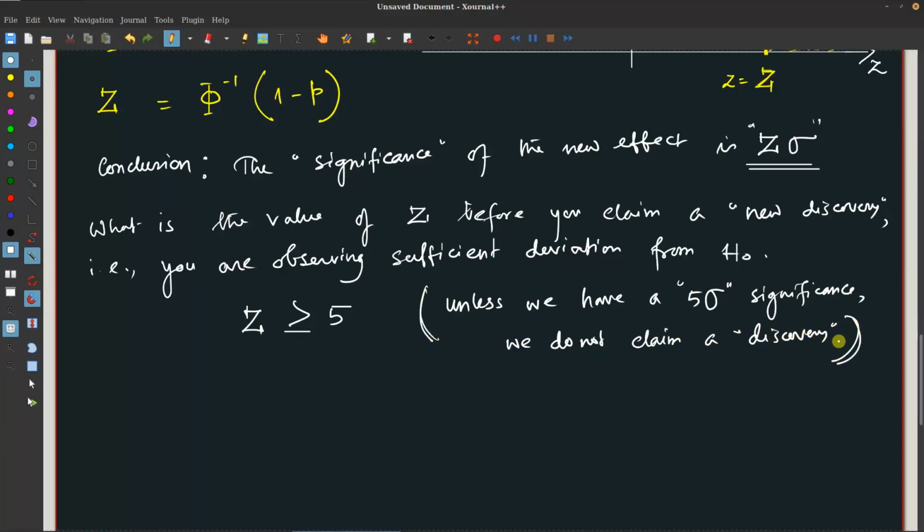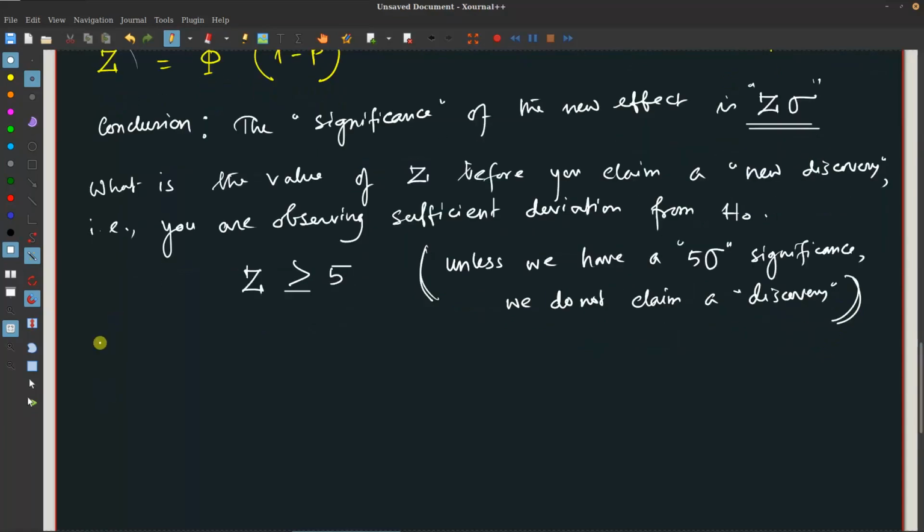Now, you might wonder, if I want z equals 5, then what should be the corresponding p value? You would be interested to know that z equals 5 corresponds to p equals 2.9 times 10 to the power minus 7.